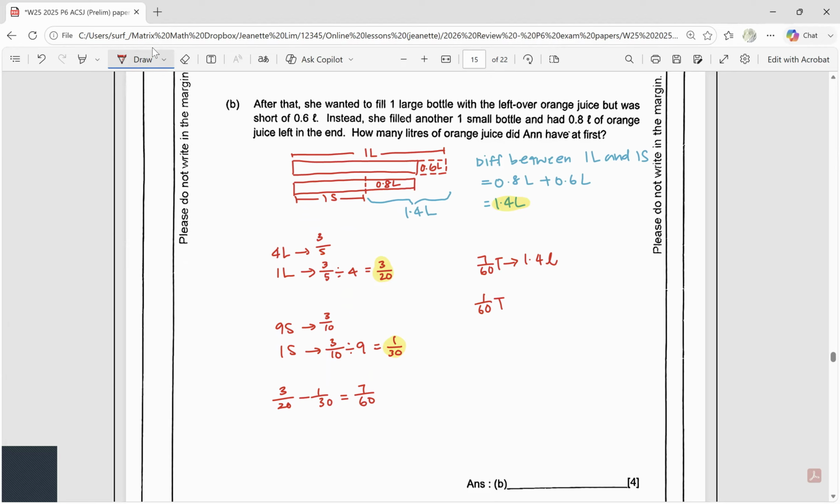Then 1 over 60 of the total, we divide by 7, which is 0.2 liters. How much did she have at first? So that's 60 out of 60 of the total. Then times 60. So that will give us 12 liters. Okay, so the amount that she had at first will be 12 liters.